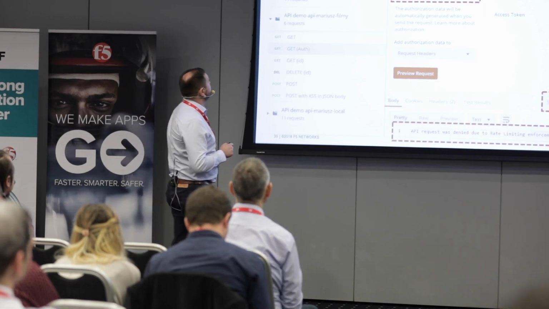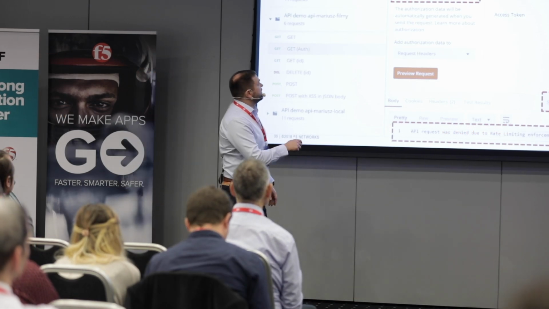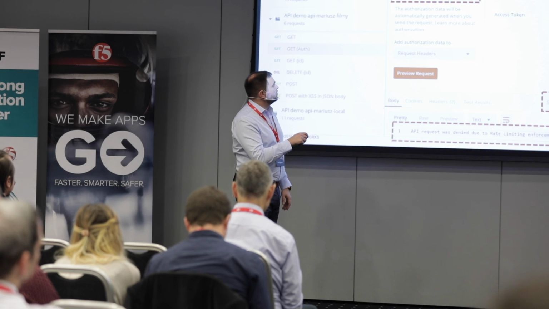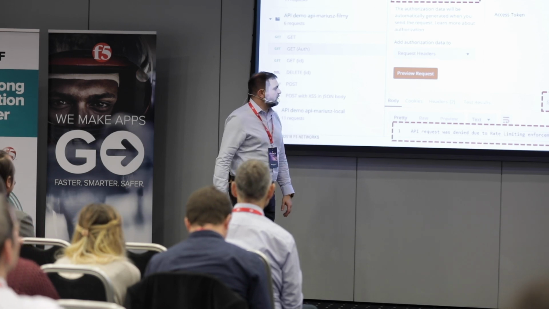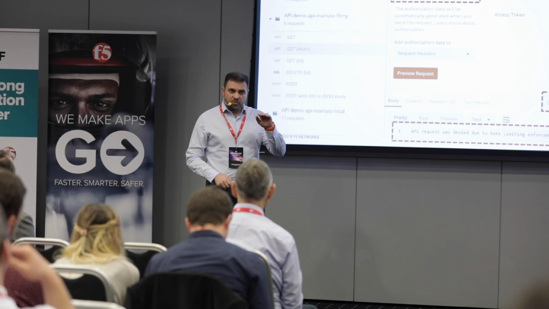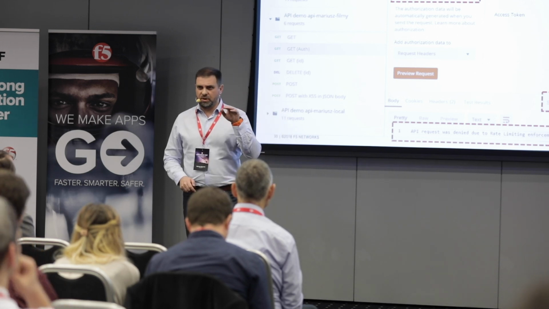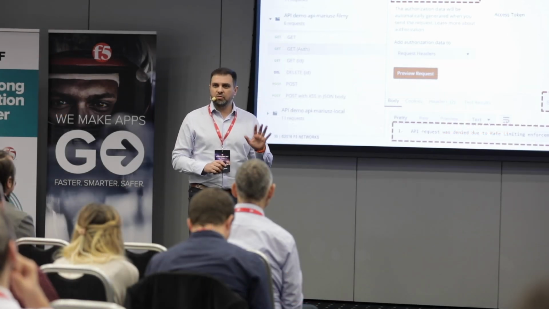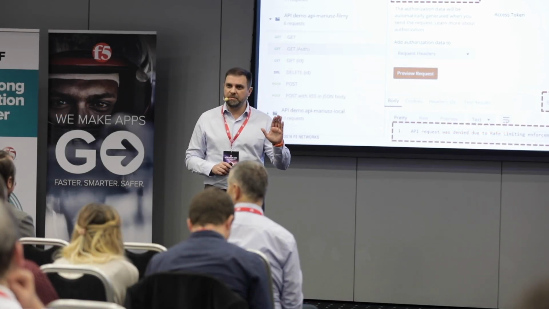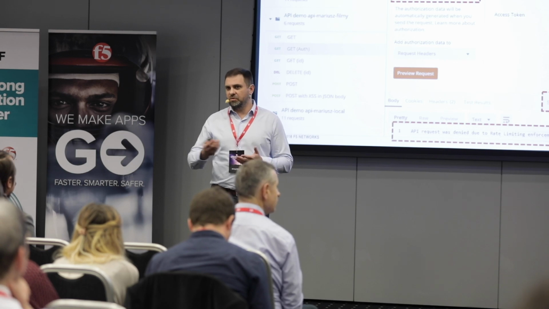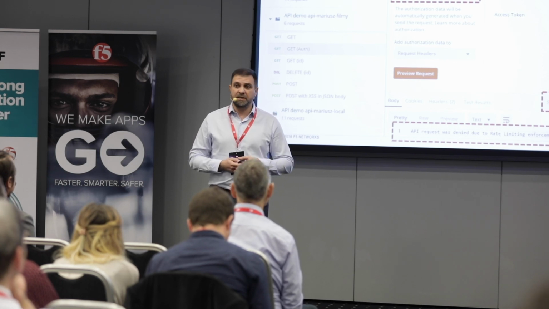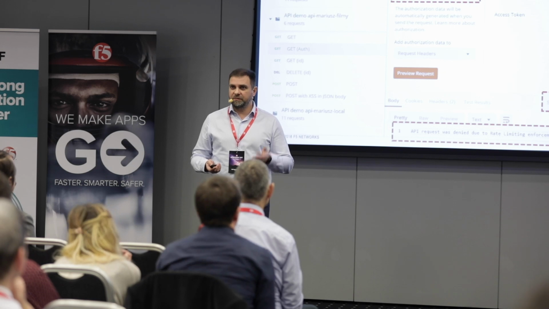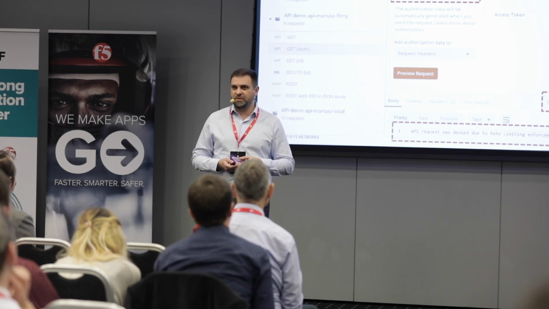And this is just an example. If I use the same Postman tool, and even if I send an authenticated request by OAuth 2.0, but I am really aggressive and send a lot of such requests, then of course you can configure on F5 a policy which will rate limit all the API calls. Why? Because you would like to slow down the bad guys, otherwise they can simply take down your API server if they send 1 million requests per minute, for instance.